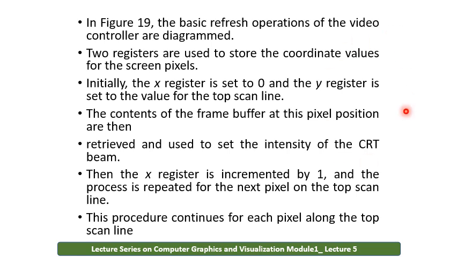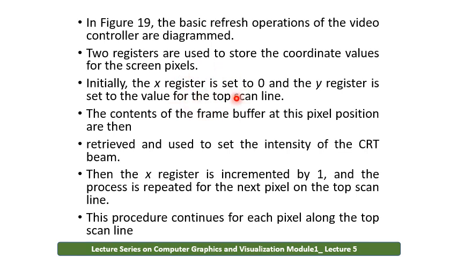The basic refresh operations of the video controller are diagrammed, and two registers are used to store the coordinate values, because there are two axes, the x-axis and the y-axis. To store these two different coordinate values for the screen pixels, we need two different registers. Initially the x register is set to 0 and the y register is set to the value of the top scan line.